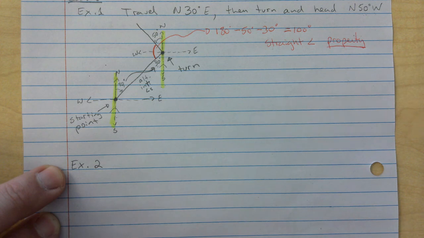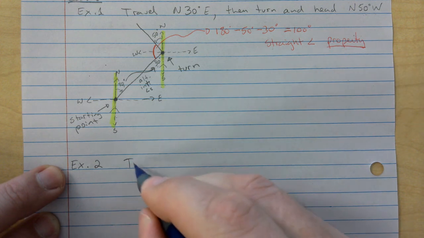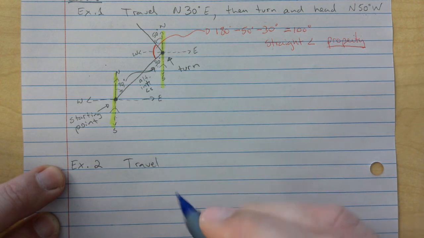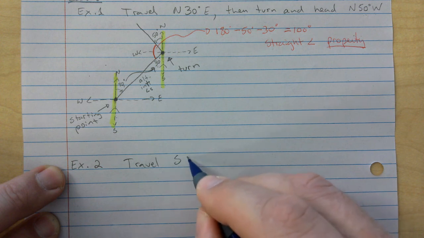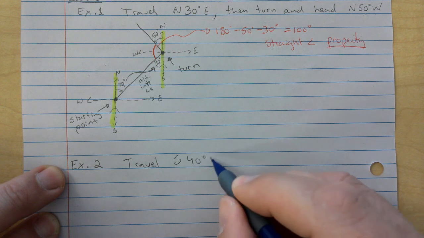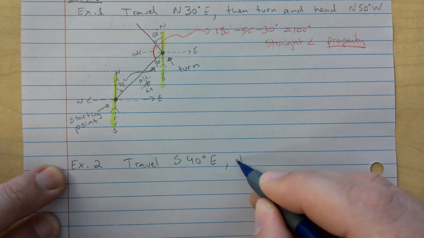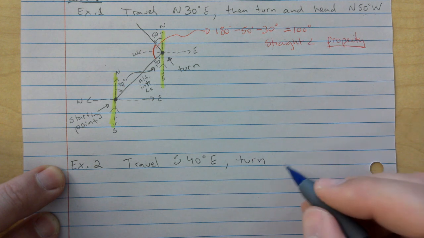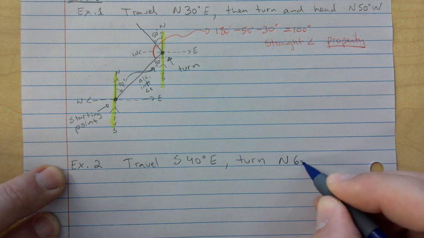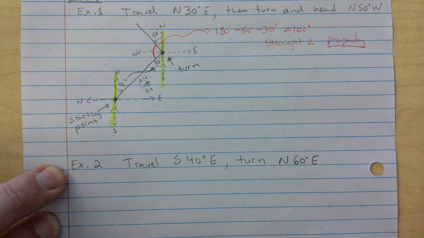Example 2. Travel south 40 degrees east, then turn and travel north 60 degrees east.